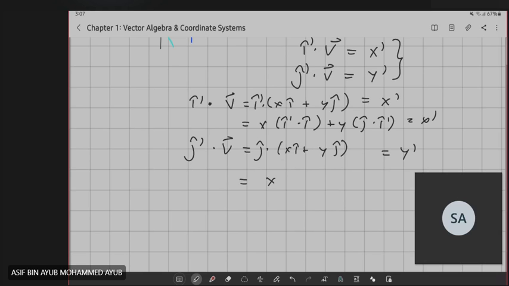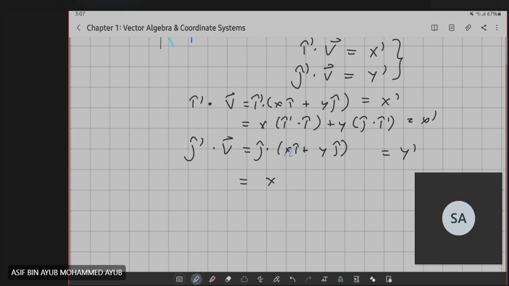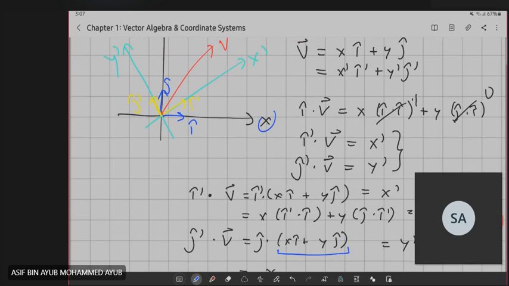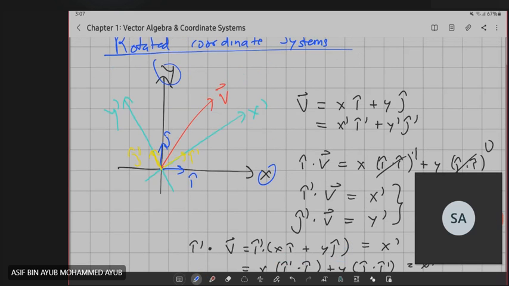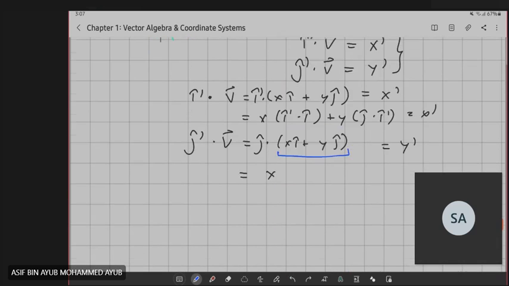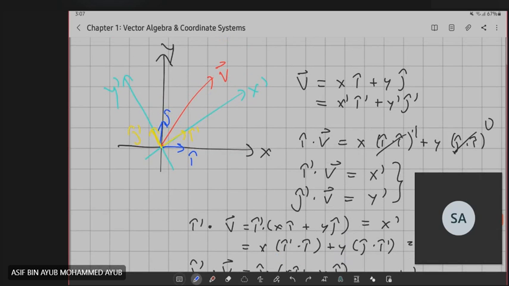I want to remind you, x i plus y j is in the unprimed coordinate system, the black coordinate system, and the primed one is the rotated one. I'm trying to find an expression that will give me the components x prime, y prime, given I know the components x and y.